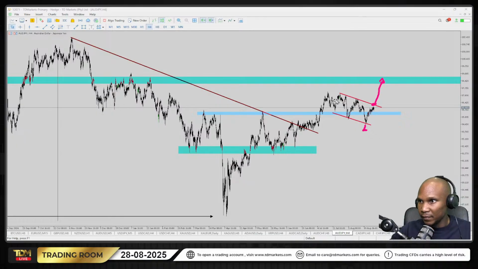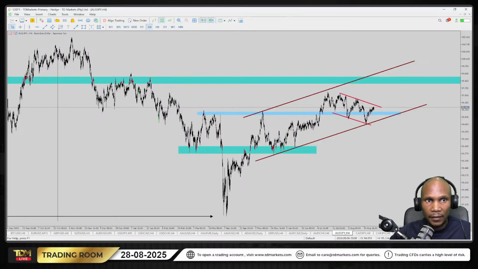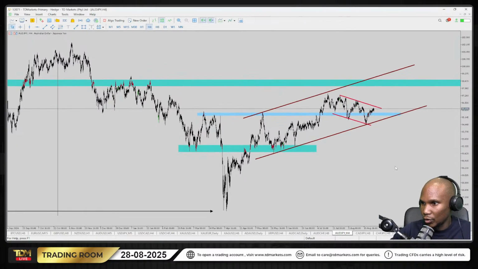So a break above this, then it's set to resume this trend, right? That is AUD JPY. AUD JPY is currently trading within this. And then for this correction here to complete and for price to give us one more push up there. Right, so I'm looking at AUD JPY also.